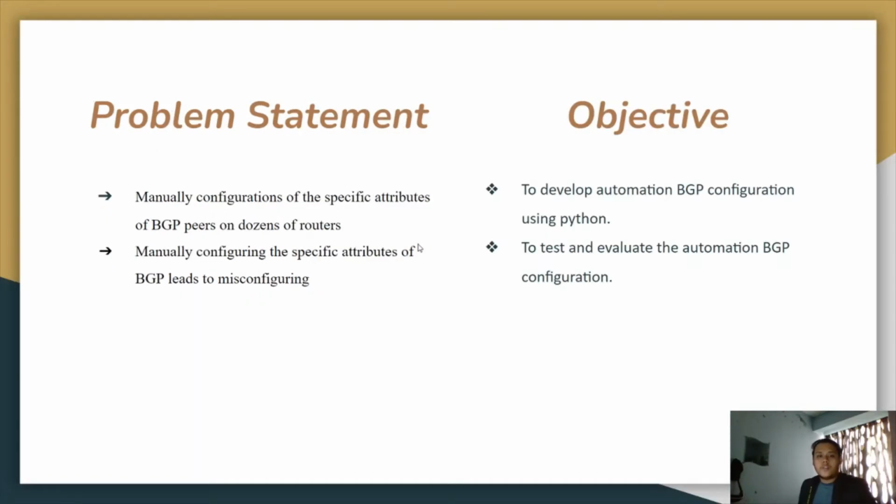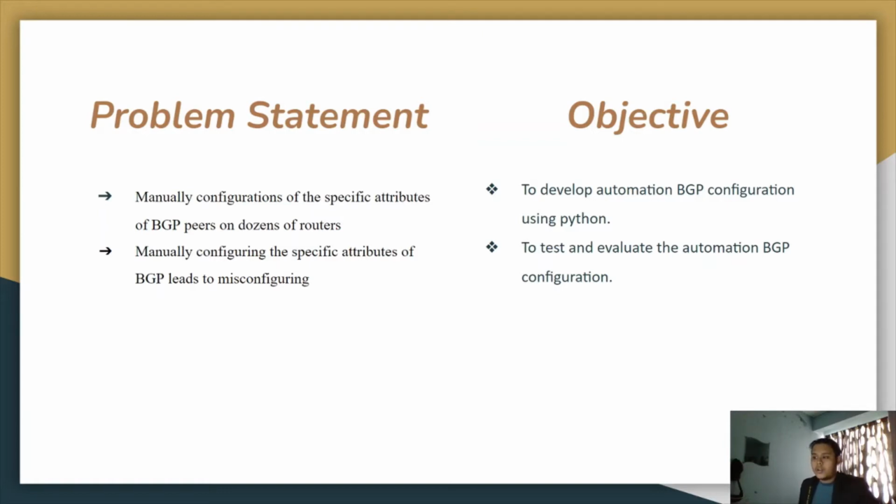Let's move on to the problem statement. The problems are related to BGP itself. The first problem statement is the manual configuration of specific attributes of BGP on dozens of routers.